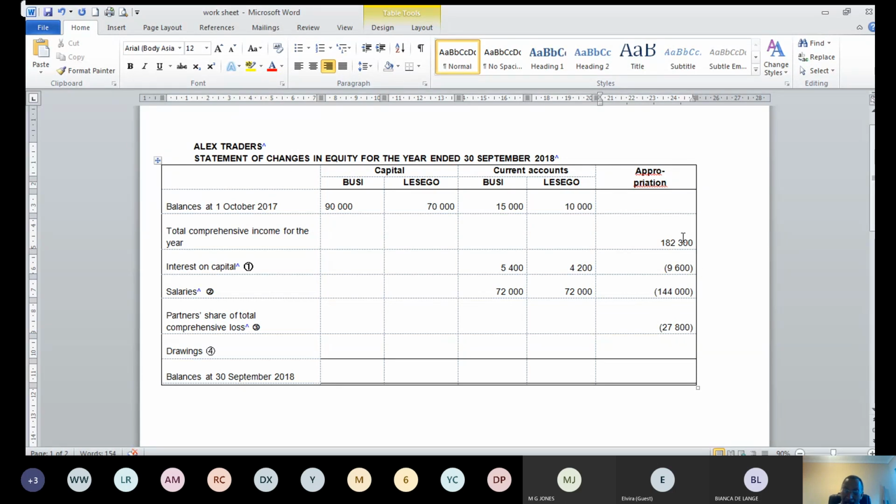It is 182,300 minus 9,600 minus 144,000, and that is 27,800 there. First, calculate the available profit. And now you go back to the partnership agreement. Sorry, sir. That's okay. 28,700.